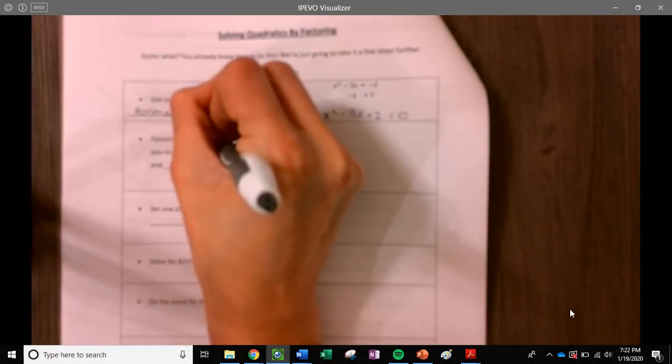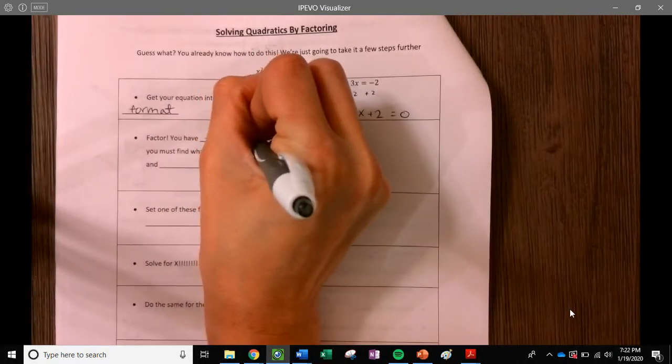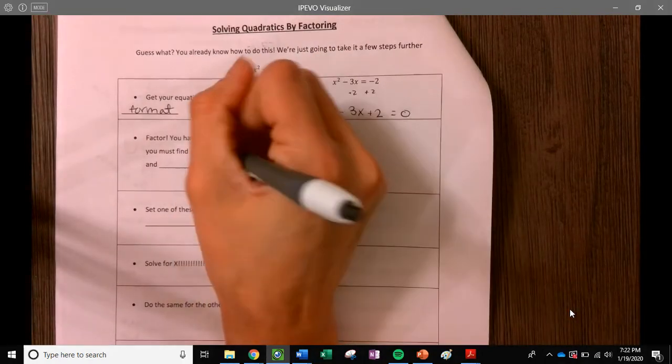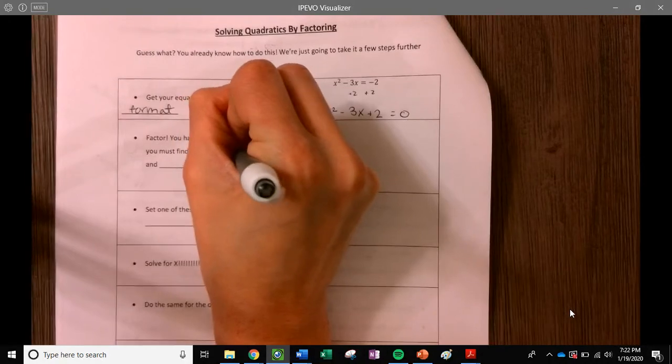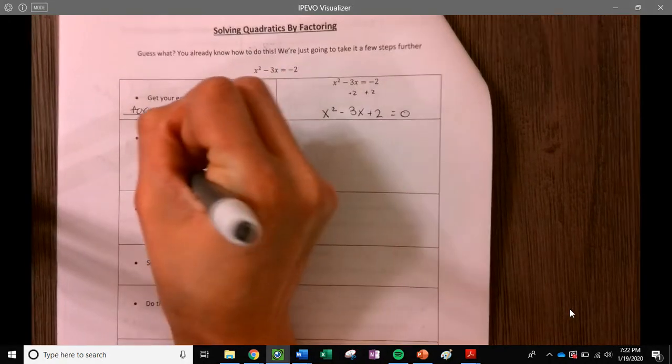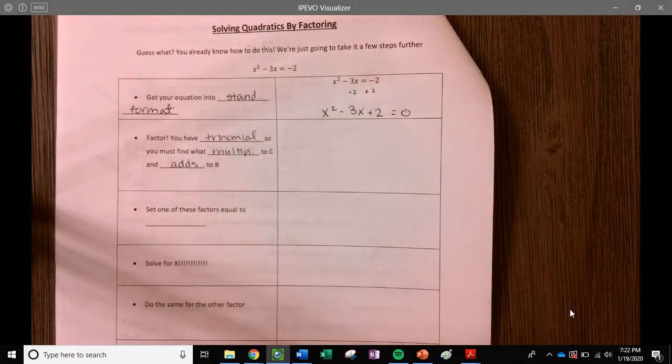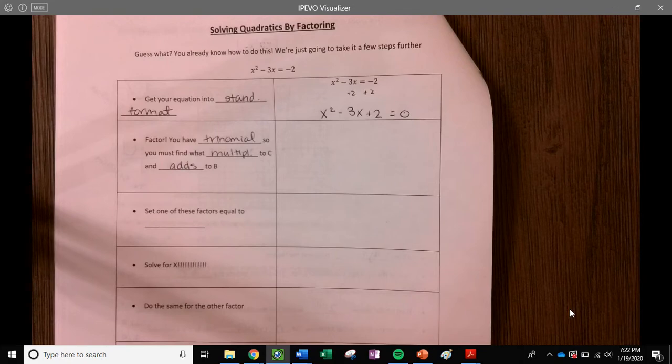Okay, now let's factor. I have a trinomial and a naked variable, so I need to find out what multiplies to C and adds to B. Sorry for my very strange abbreviations, but I'm running out of room. I need to learn to write smaller for these things.